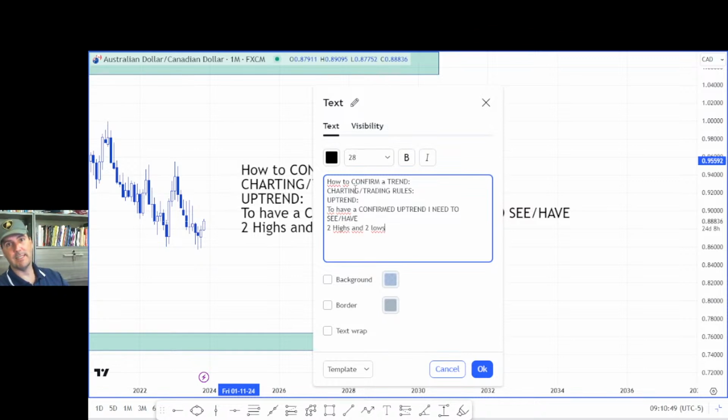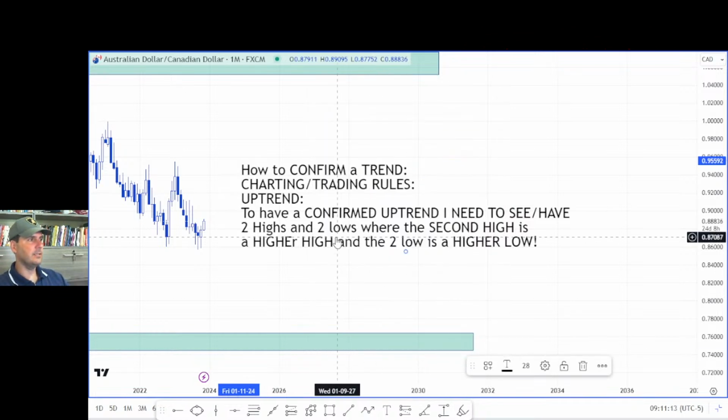We're going to explain what is a high, what is a low. 2 highs and 2 lows, where the second high is a higher high and the second low is a higher low.